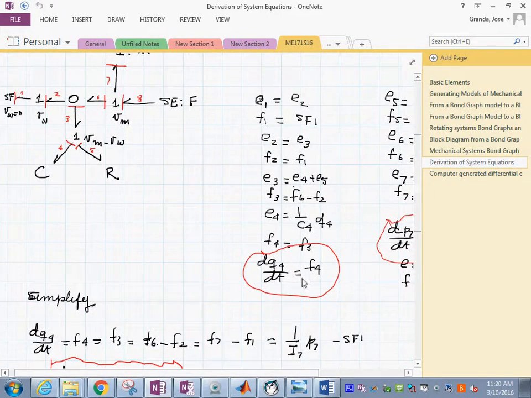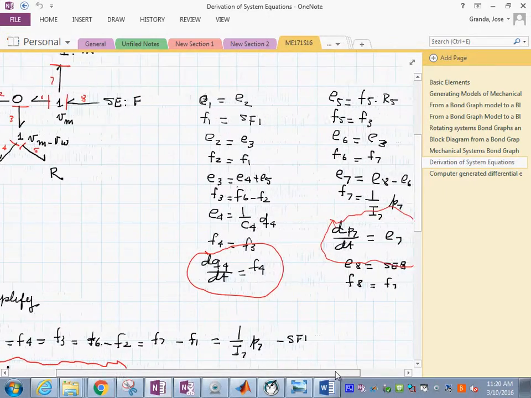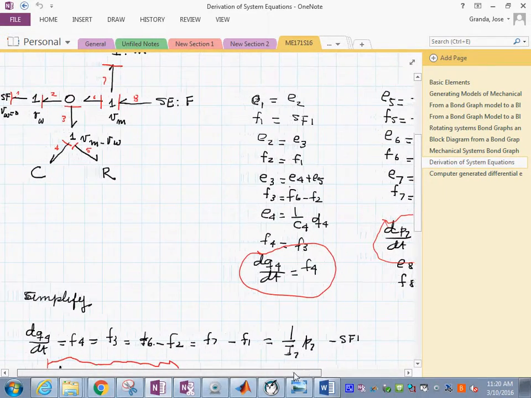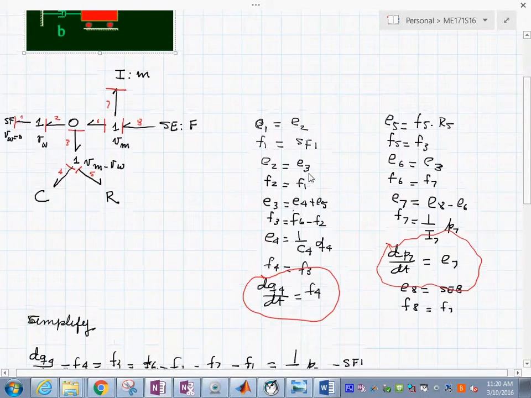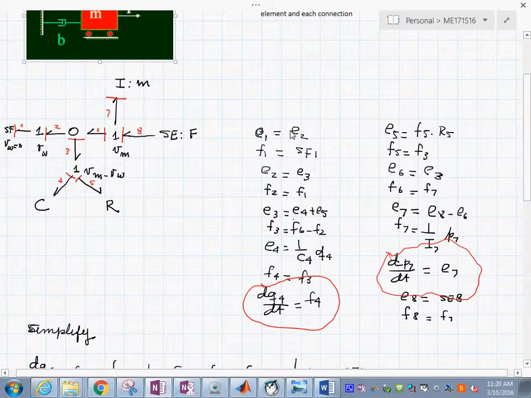We started from the beginning here. We said, okay, look, you have E1 is equal to E2 following the causal marks, and F1 is SF1, and for each one of these we put the constitutive law following the power flow and the causal marks.